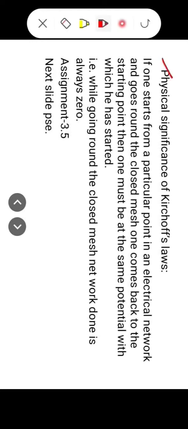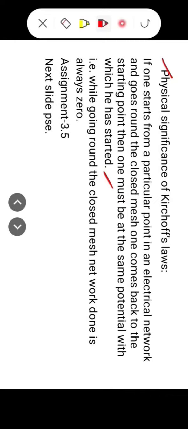Now, the physical significance of Kirchhoff's laws. If one starts from a particular point in an electrical network and goes around the closed mesh, one comes back to the starting point. Then one must be at the same potential with which he started.